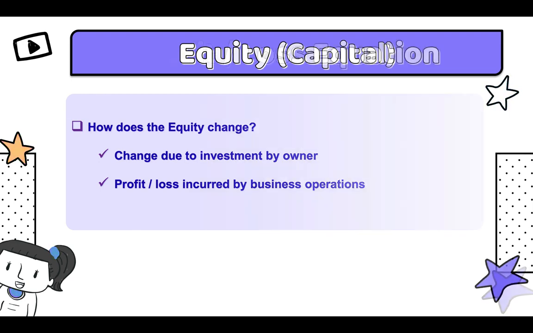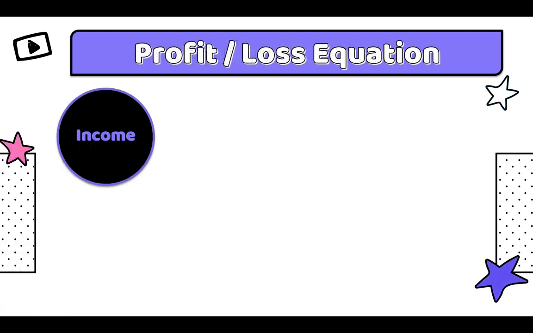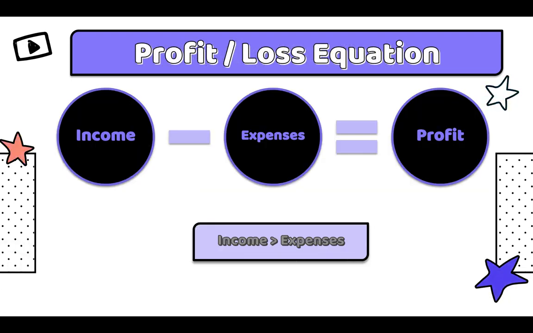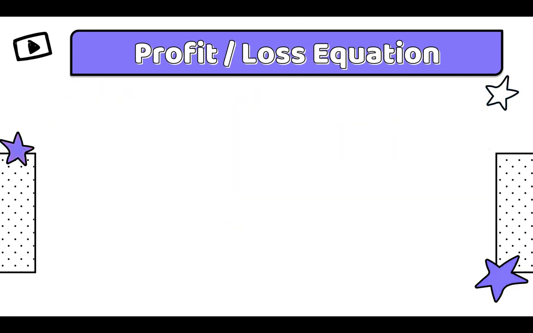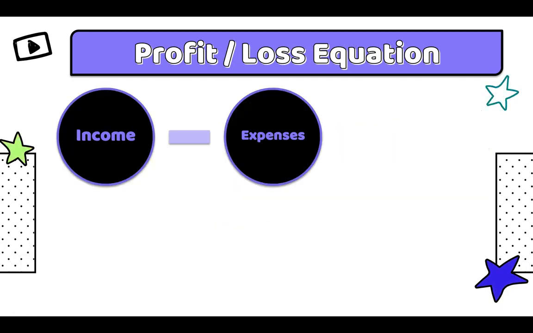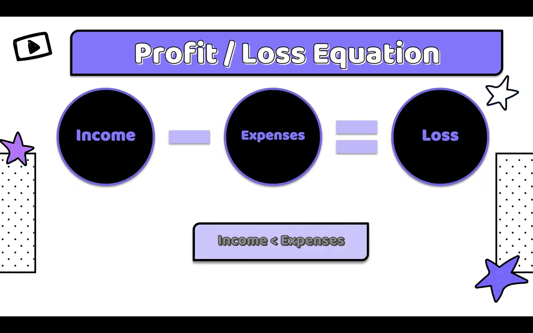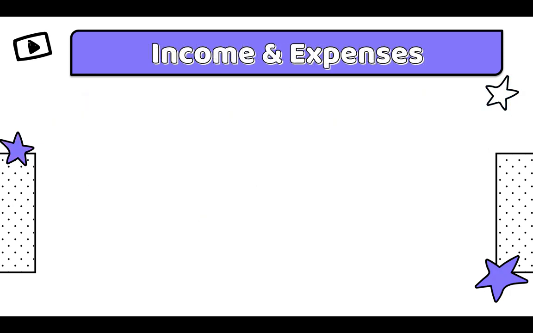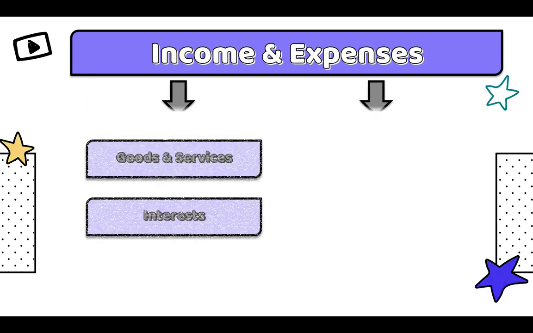Profits occur when our income generated exceeds the expenses, and losses when our expenses exceed the income generated. Let's go deeper and break it down even more. Now, how can we generate income? Income can be generated by selling our goods and services and by other means, such as by getting interest from the bank and so on.